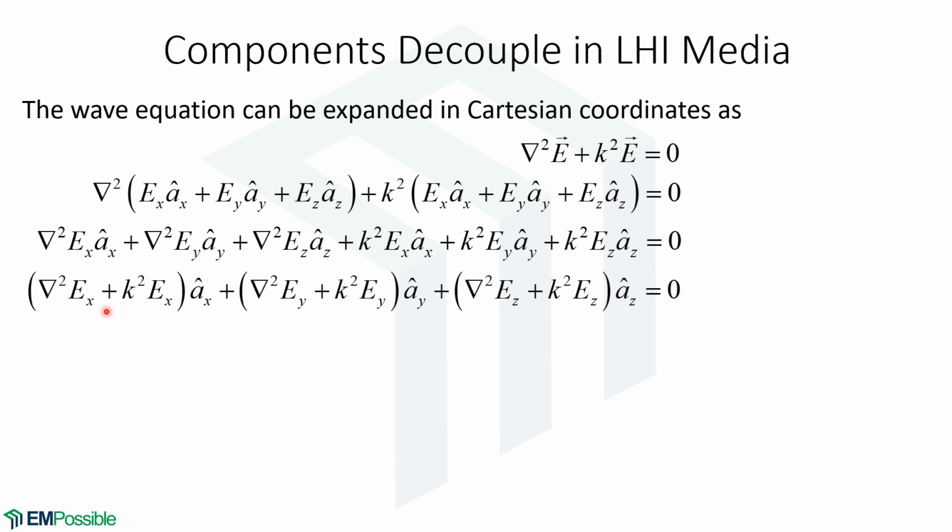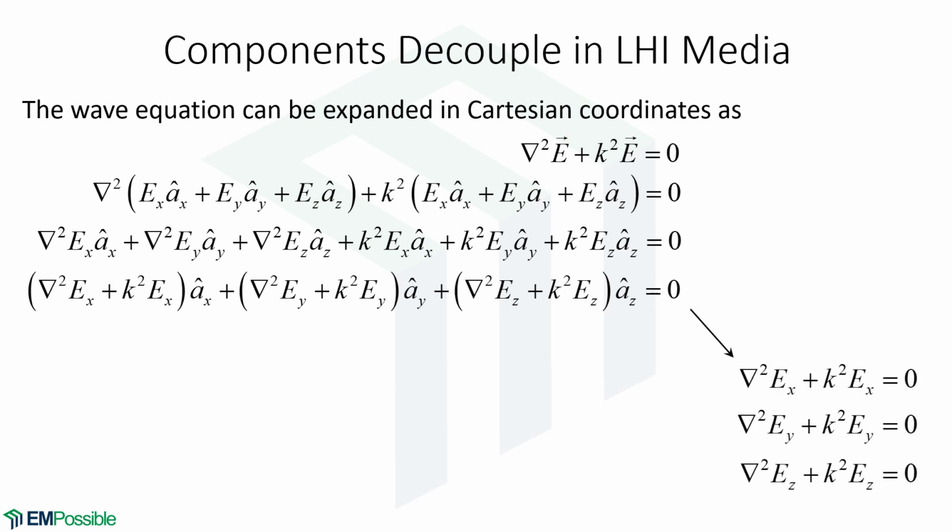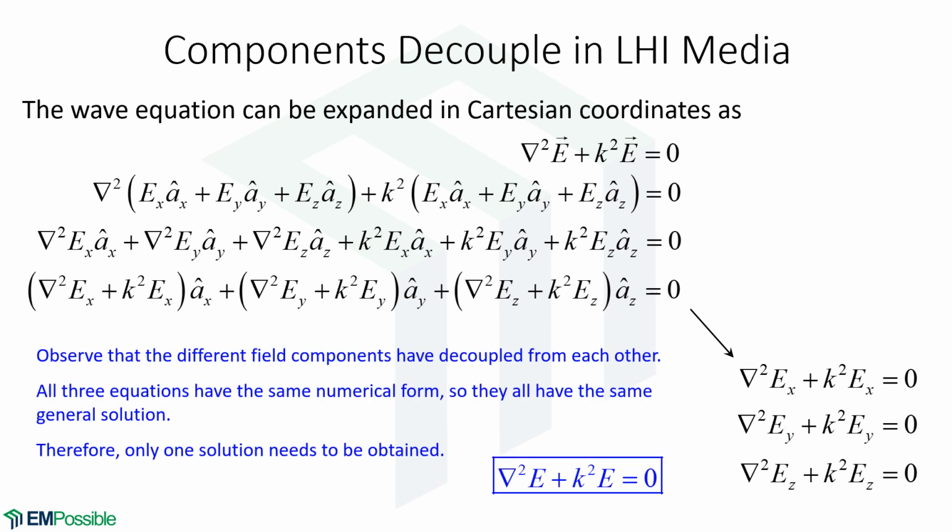Now notice what is multiplying each of these components looks like the wave equation. And in fact, it is the wave equation, but each one of those is a scalar wave equation. Since these are separate components, each one of those has to be independently satisfied, and they become independent equations. So in fact, for LHI media, we're going from this single vector wave equation to three independent sets of scalar wave equations.